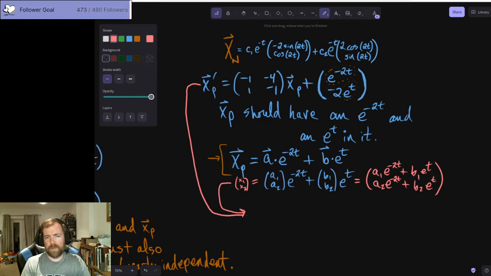So xp prime is going to be equal to our transformation matrix times x sub p. So plug in x sub p into the appropriate locations, and then we also have our g of t vector, the e to the negative 2t, and negative 2 e to the t, all the way at the end. So just plug everything in, and just get everything copied down first.